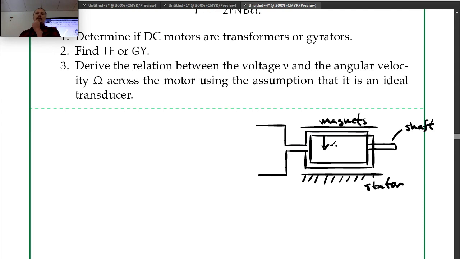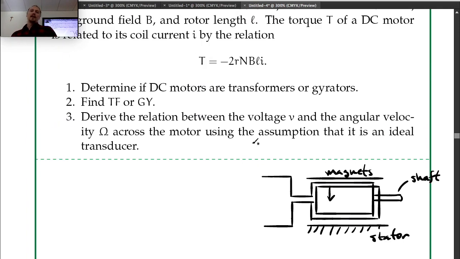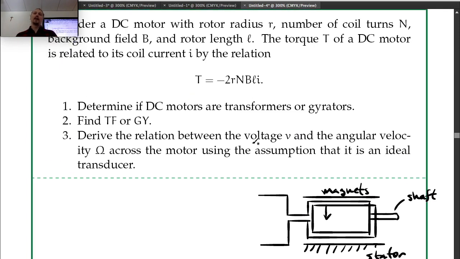But in any case, the result is that we get this torque that occurs on eventually the shaft coming out of the motor, so you apply current to it, you get this rotation of your shaft on the outside.